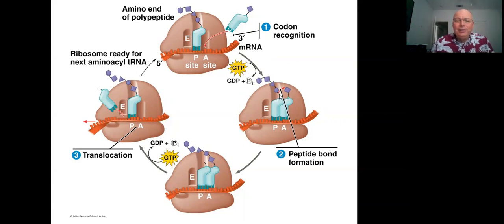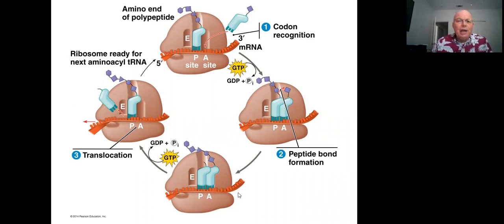That triggers the enzyme activity to break this covalent bond and form a new covalent bond, a peptide bond that links this amino acid to this amino acid, effectively transferring the polypeptide from this tRNA to this tRNA, but also adding in this amino acid and therefore elongating the polypeptide.